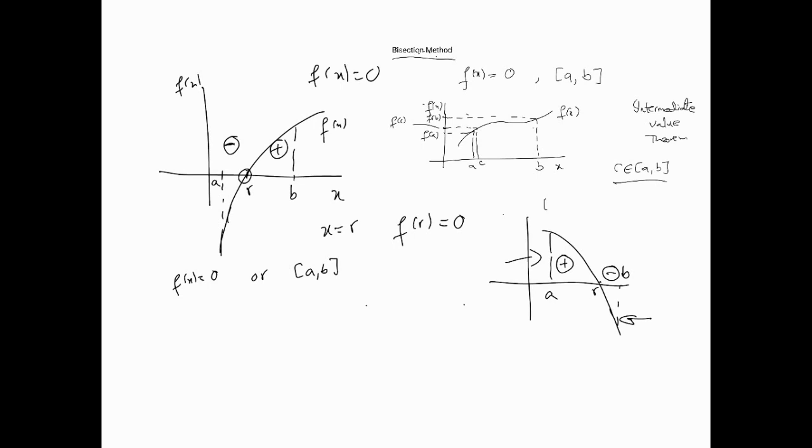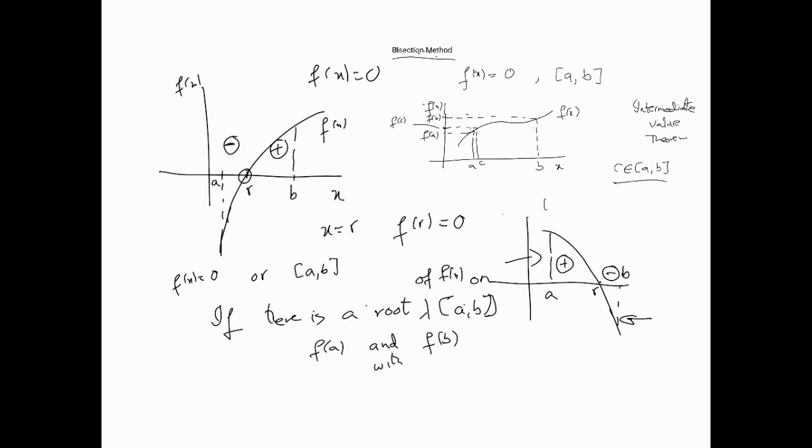So to start with, if there is a root of f of x on the interval AB, then clearly f of A and f of B will have a different sign, and that's very important. That's the key idea we're going to use to develop this method.